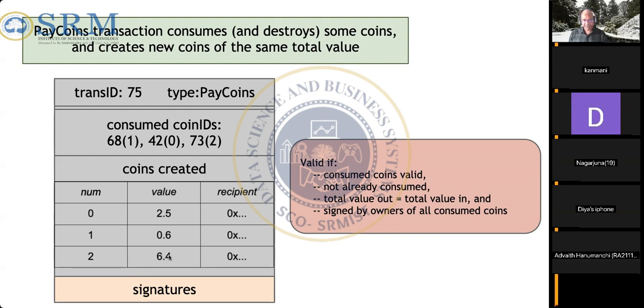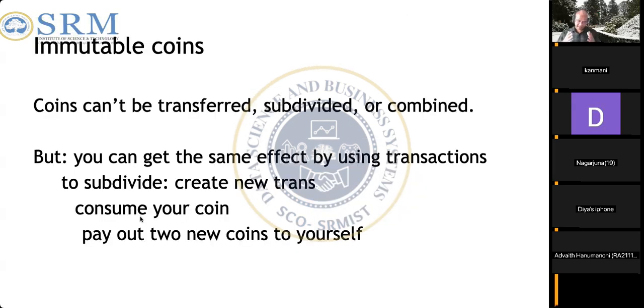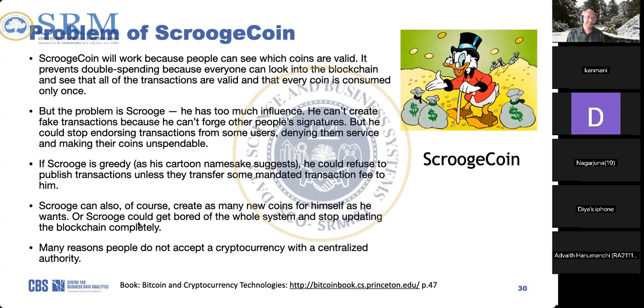Rather than subdividing this coin, I spend this coin and create two new coins: one pays my friend 2.5 bitcoins, and I transfer the rest of the money to one of the addresses which I control. So you get the same effect by destroying the coin and creating an equal amount of coins. We'll see later what advantage it offers us. You get the same benefit, but the coins are immutable.